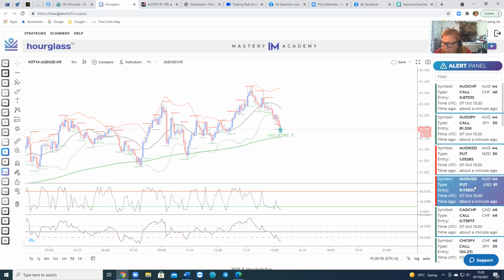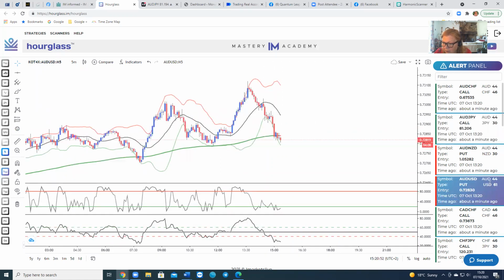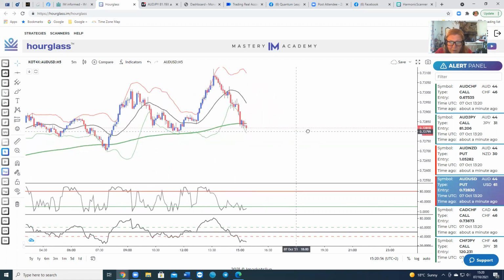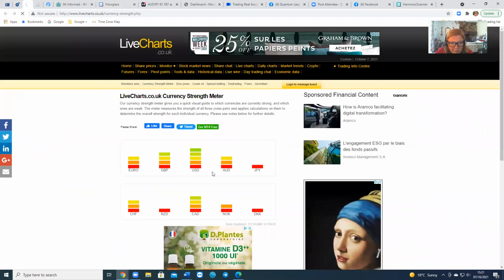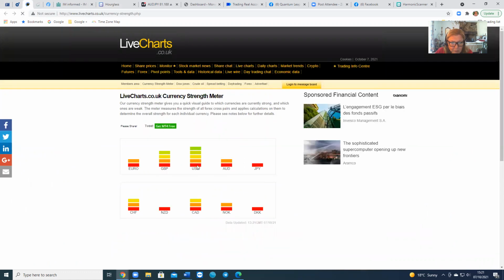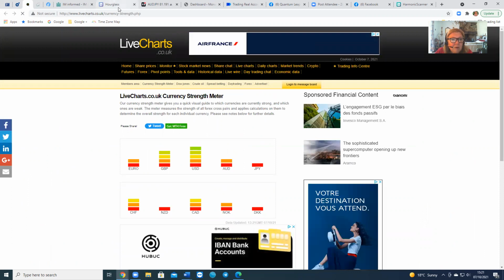So let's come over to AUDUSD, which is the Aussie, 44 to 61 for a put. So that's about right. And the EMA has moved to red. It's in the oversold area. It's 2 bars to 5 on the US dollar.